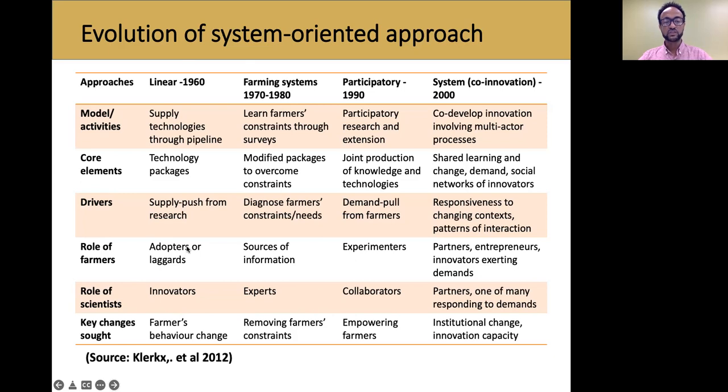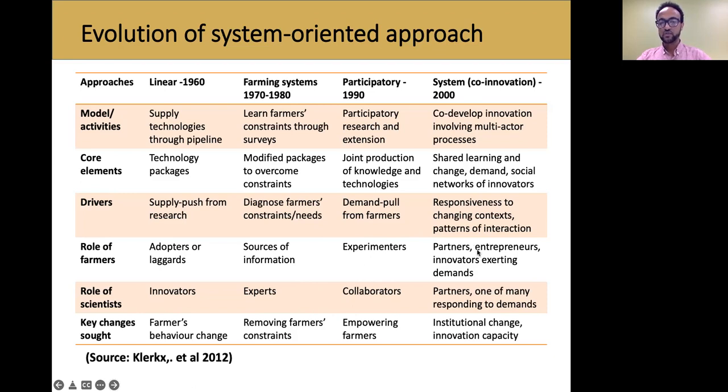They had no involvement or engagement with technology adoption, and they just received technologies from researchers through extension, and were considered adopters, or laggards if they didn't adopt. In the farming systems approach, farmers served as a source of information through surveys, but their role became closer to researchers, and they became experimenters under the participatory approach, where researchers are collaborators and farmers are experimenters. They work together on the farm.